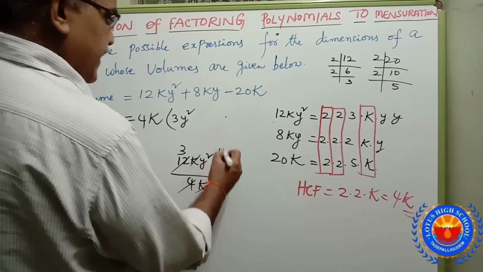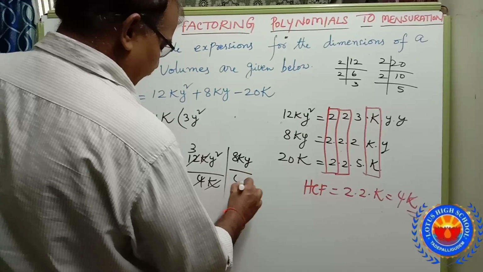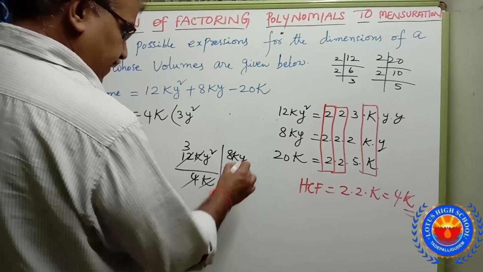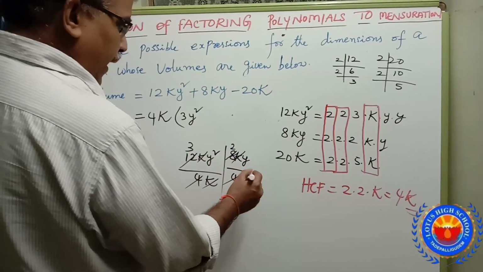The second one is 8ky by the highest common factor 4k. k and k cancel, and 4 times 2 is 8, so the answer is 2y.